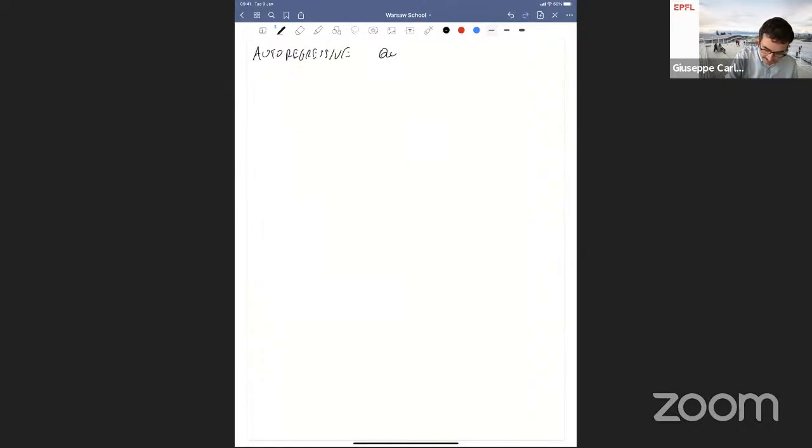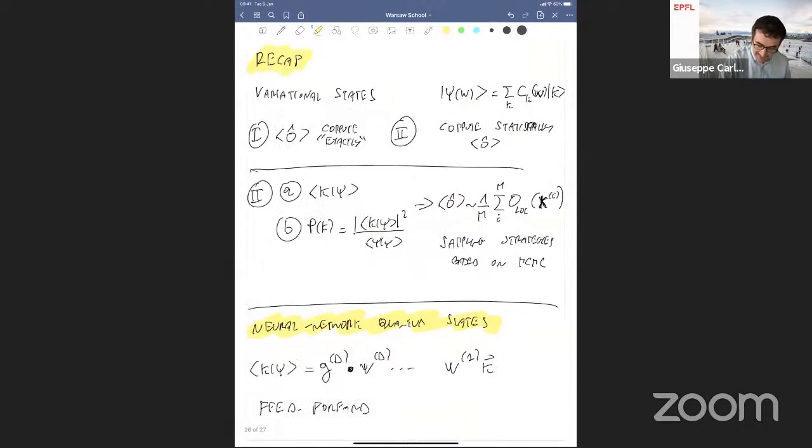Because these are, if you want, the truly computationally efficient states, according to the definition that I gave yesterday. And the reason I'm saying this is that, as I was already mentioning, when you do Markov chain Monte Carlo to sample from this probability density, in general, there's no actual guarantee that the samples are correctly distributed according to your P of K, because there might be some ergodicity problems, for example, extremely long correlation times.